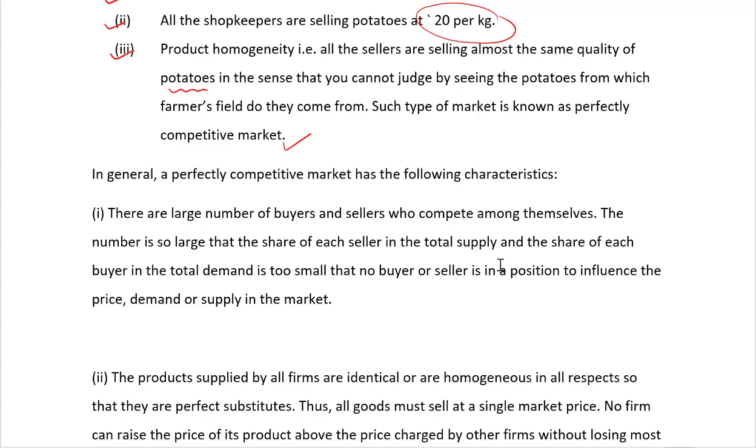In general, a perfectly competitive market has the following characteristics. Number one, a large number of buyers as well as a large number of sellers are available in the market. The number is so large that the share of each seller in the total supply and the share of each buyer in the total demand is too small, so that no buyer or seller is in a position to influence either price, demand, or supply in the market.